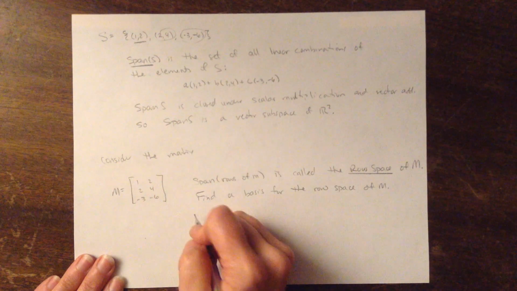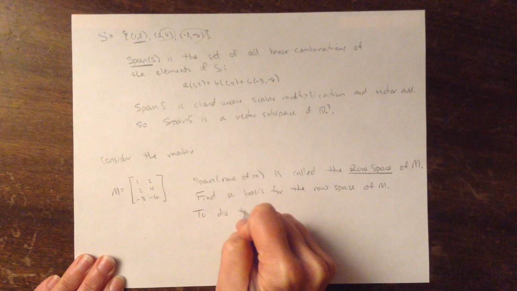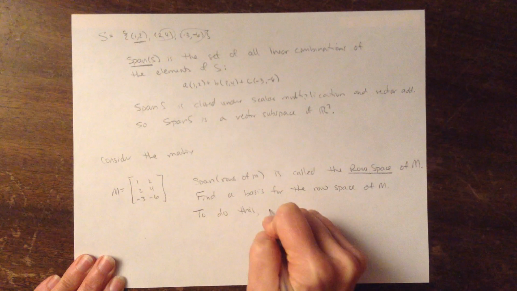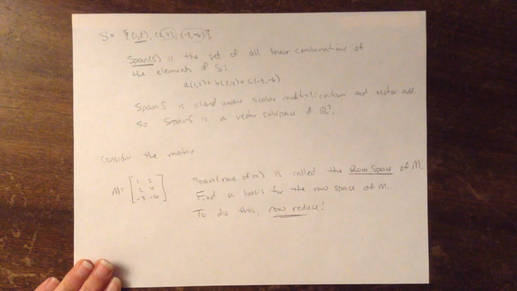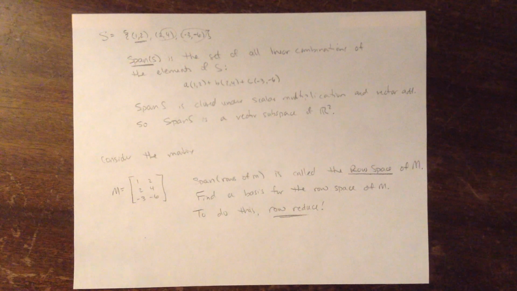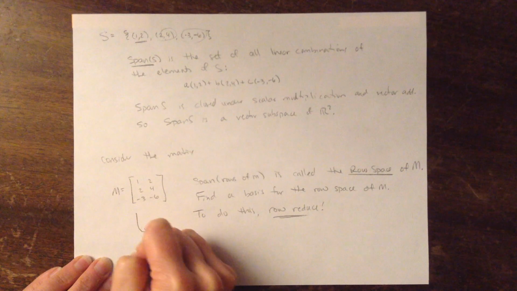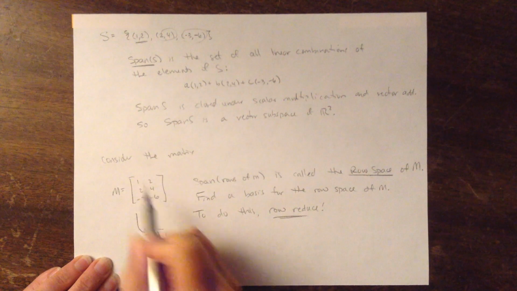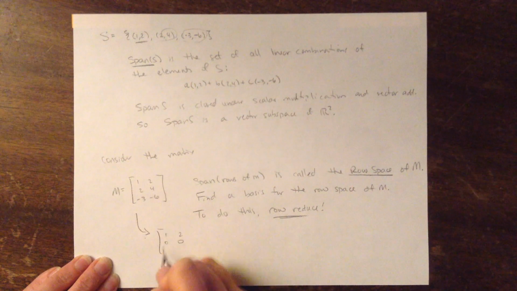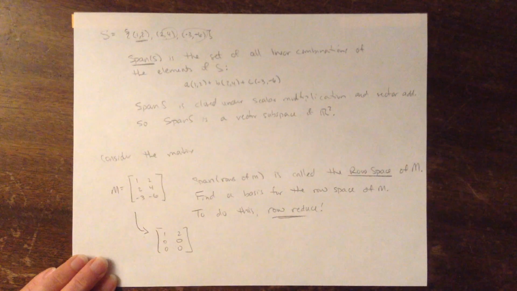And so what you do, we're going to row reduce. This is something we've been doing since the beginning of the semester. And if you row reduce this matrix, the first row is going to stay the same. You're going to do this minus 2 times that, which is going to give you zeros. This minus 2 times that is going to give you the zeros.